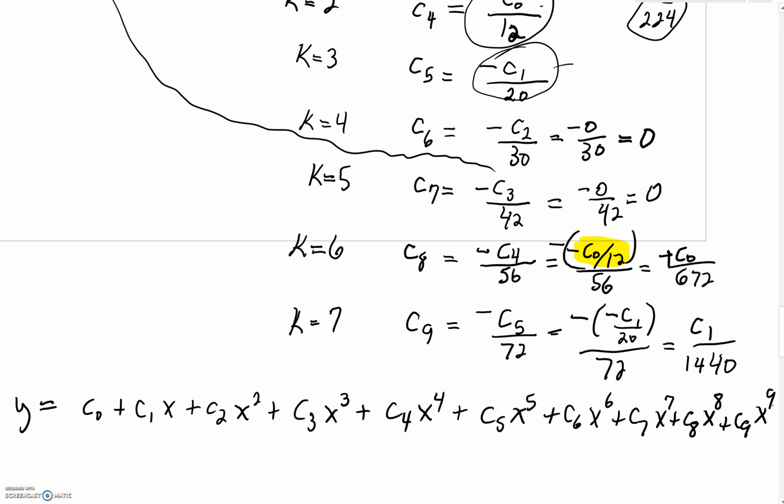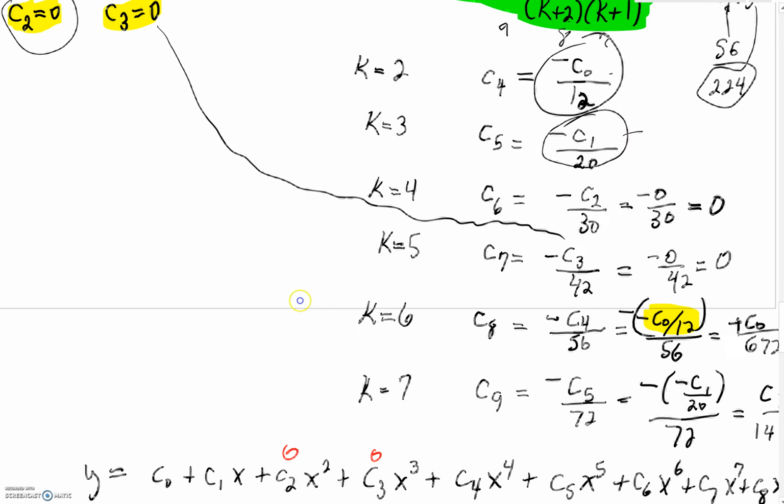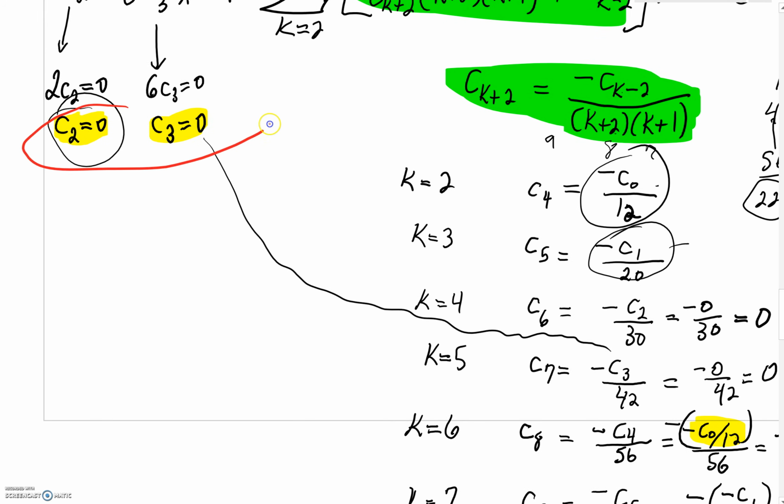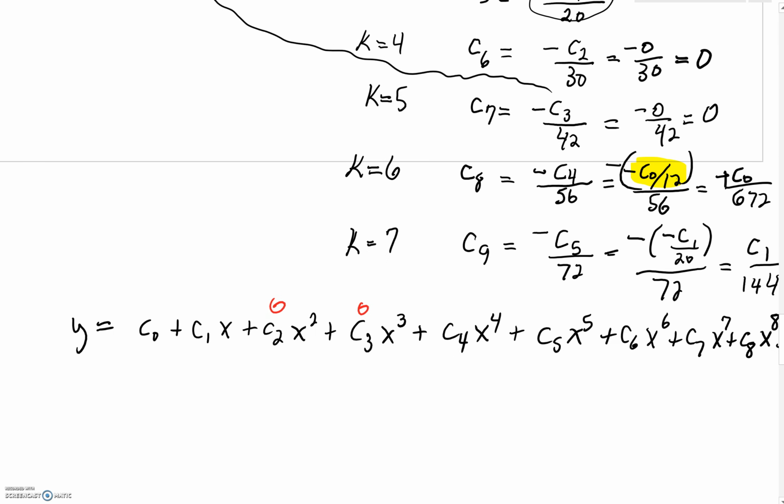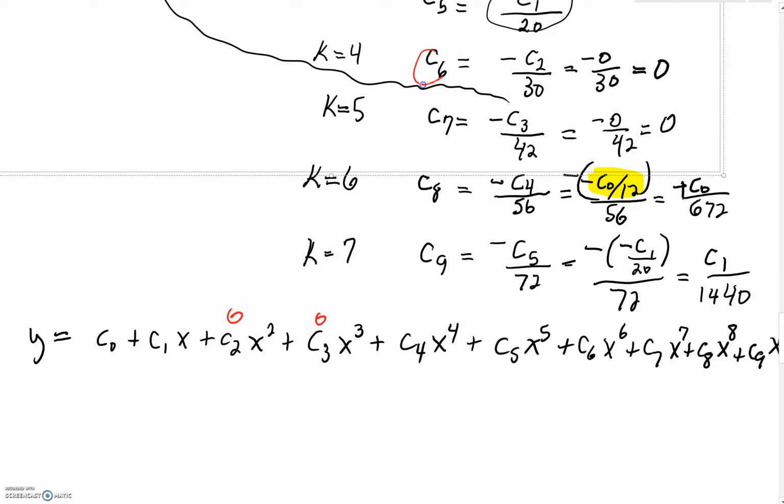This would of course continue. But guys, look, C sub 2 and C sub 3 were both 0. I'm just going back to what we saw right here. And we also saw that C sub 6 and C sub 7 were 0.